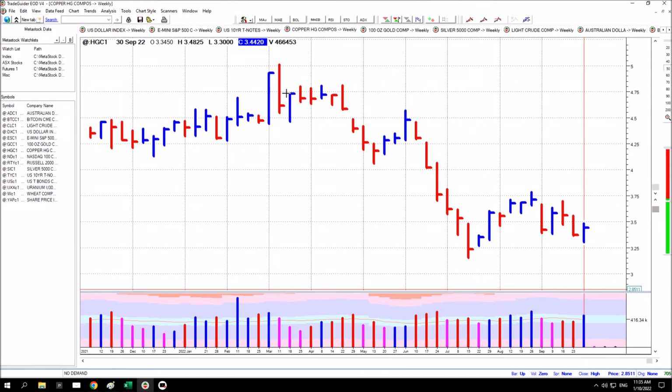Copper price futures have been quite resilient, especially recently. This is where the market found it difficult to move higher. The US dollar index was moving higher through here, giving headwinds to this market, but price really held on sideways.